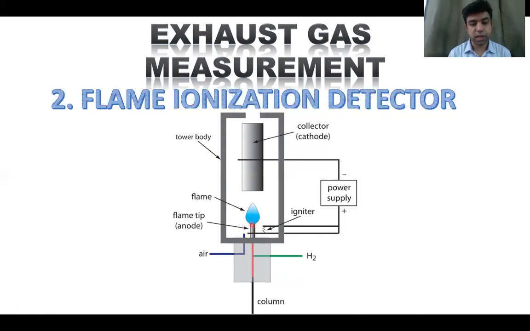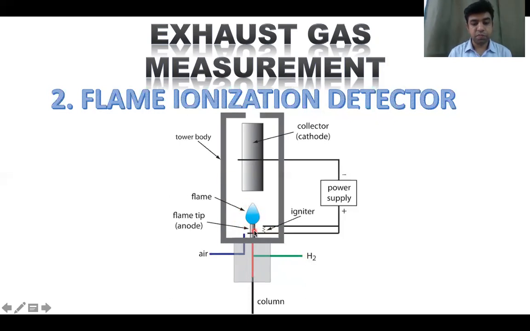So for lighting the flame, we are supplying air. For fuel, we are supplying hydrogen. There is one specific reason to supply the hydrogen. Along with that, we have one igniter. The igniter will ignite that air-hydrogen flame, so the flame would be generated.